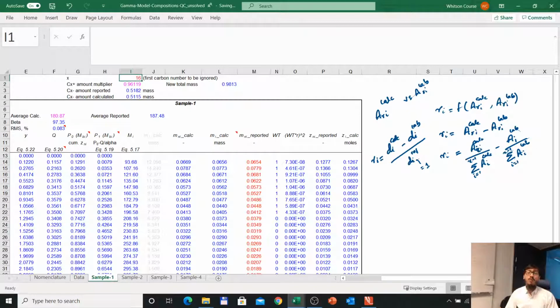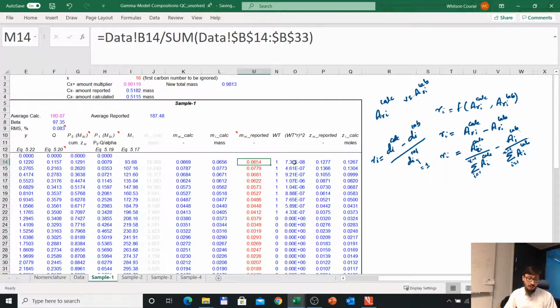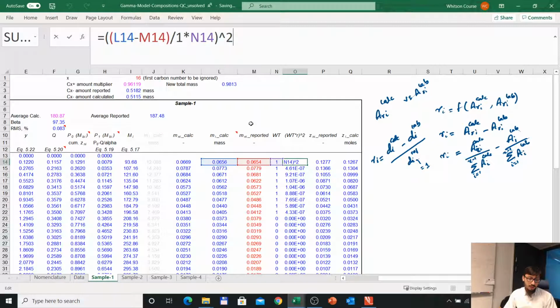But the way we are defining the residual in this spreadsheet is that we are using the individual component mass or the areas, and we are just calculating the difference between this guy and this guy. That's one other way of defining the residual.